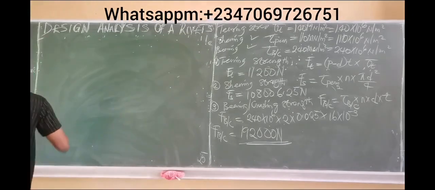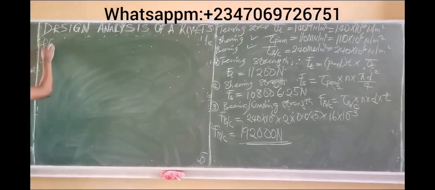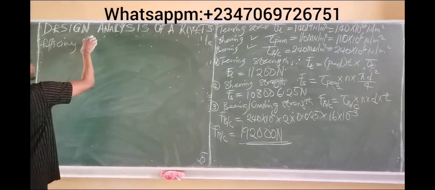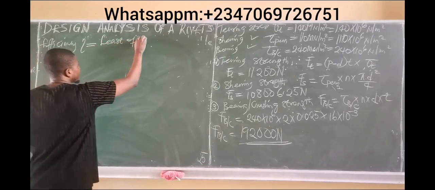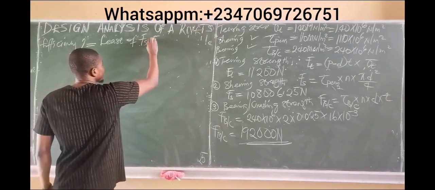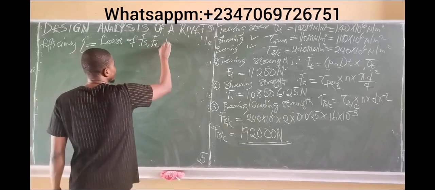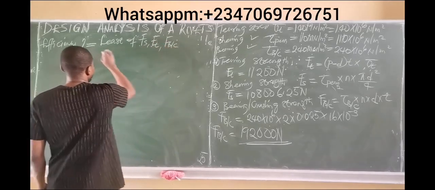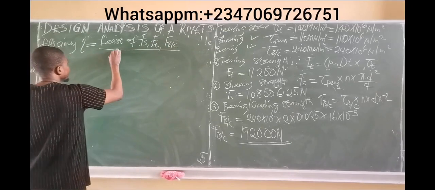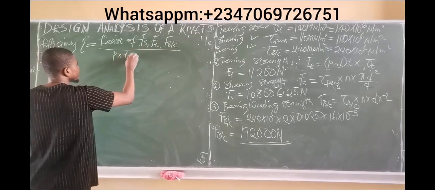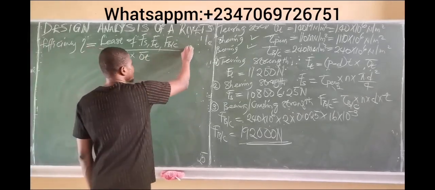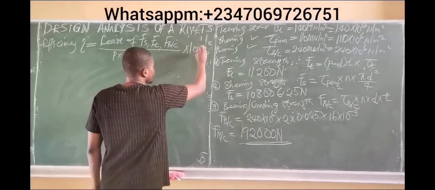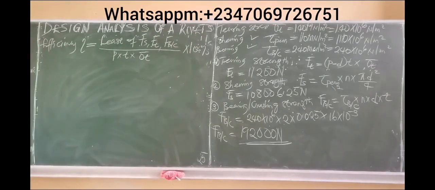Efficiency is simply given by the relationship: the least of Fx, Ft, and Fb over C, all over the pitch times the thickness times the tearing stress. So this is the relationship. We multiply this by 100%. That's how you calculate the efficiency of a rivet.